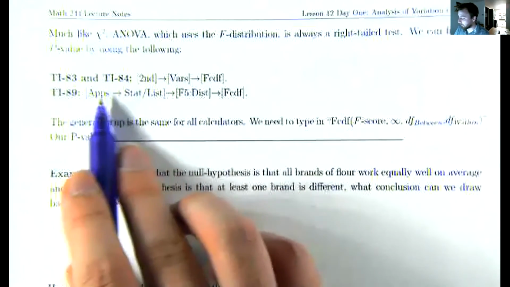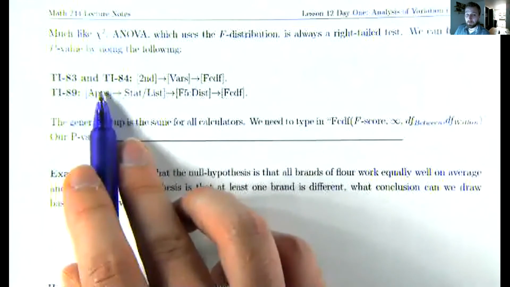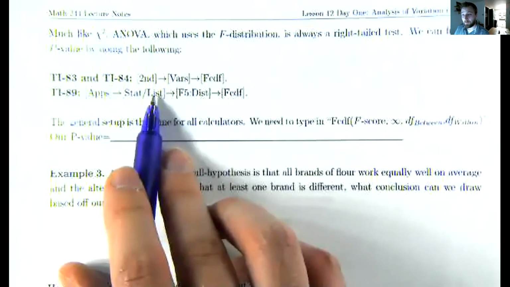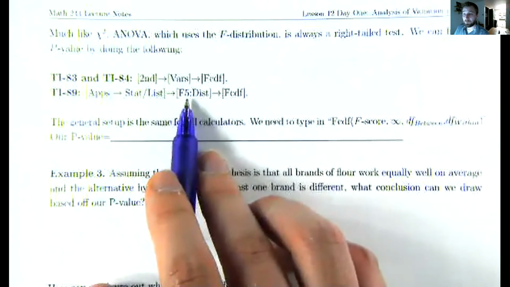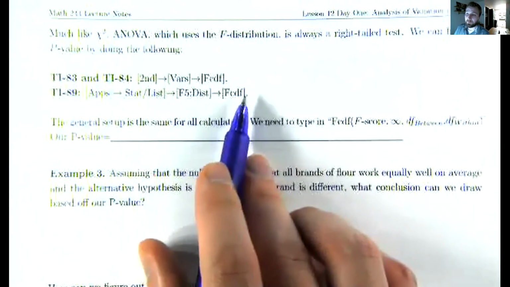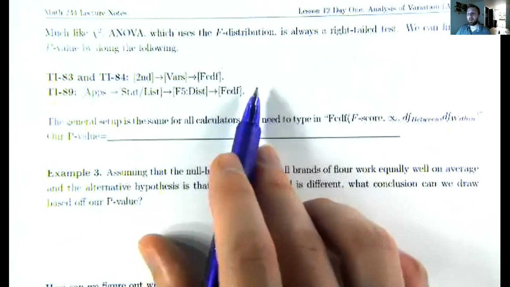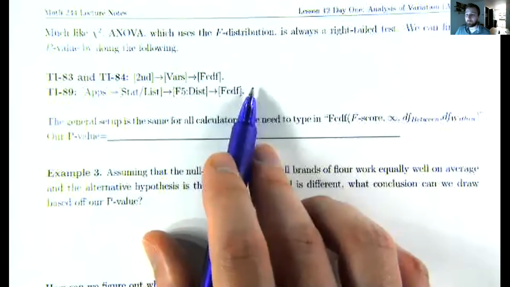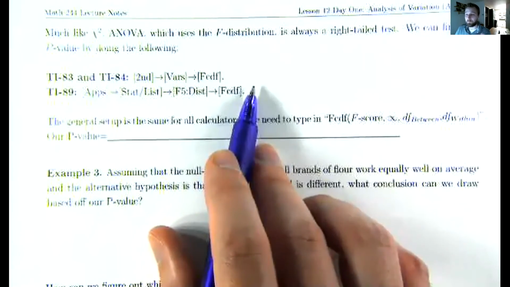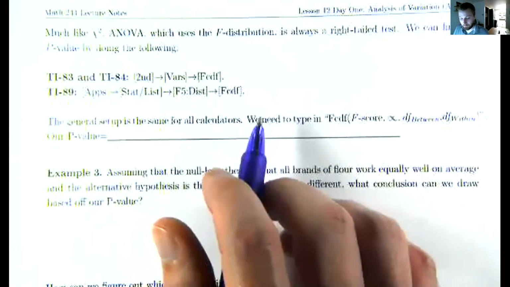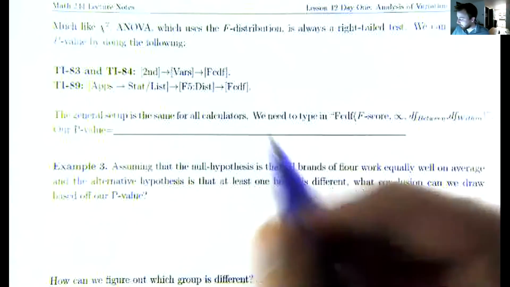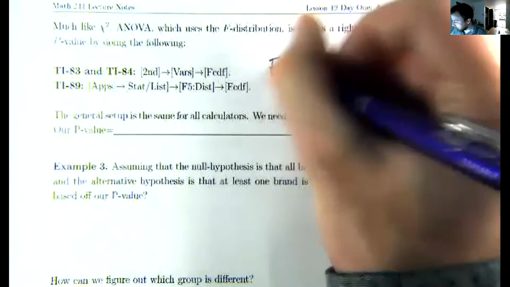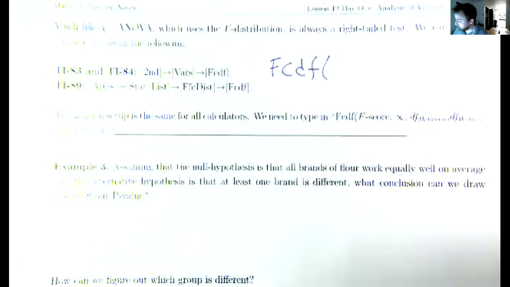If I'm on a TI-89, I'm going into Apps, Stat List Editor. I'm choosing F5 for distribution, and I'm looking for FCDF. This is in the same spot that you have TCDF. It's the same spot that you have chi-squared CDF. All of these distributions live together in the same location. And when I'm trying to type this into my calculator, the setup is always going to look like this.